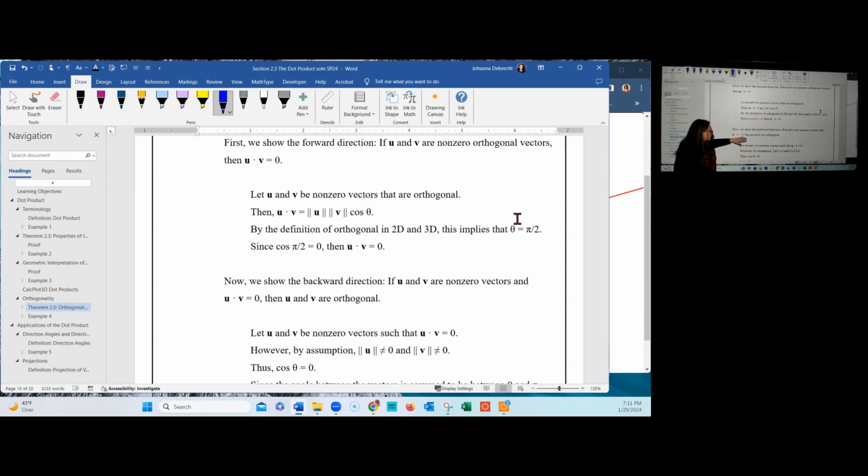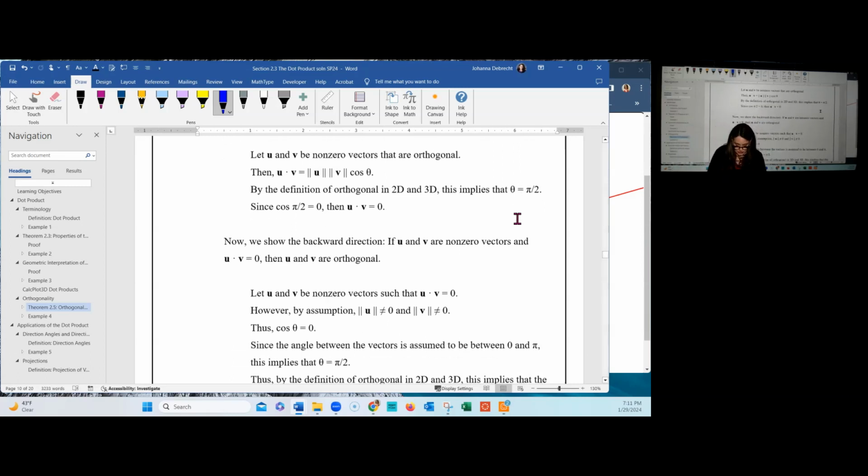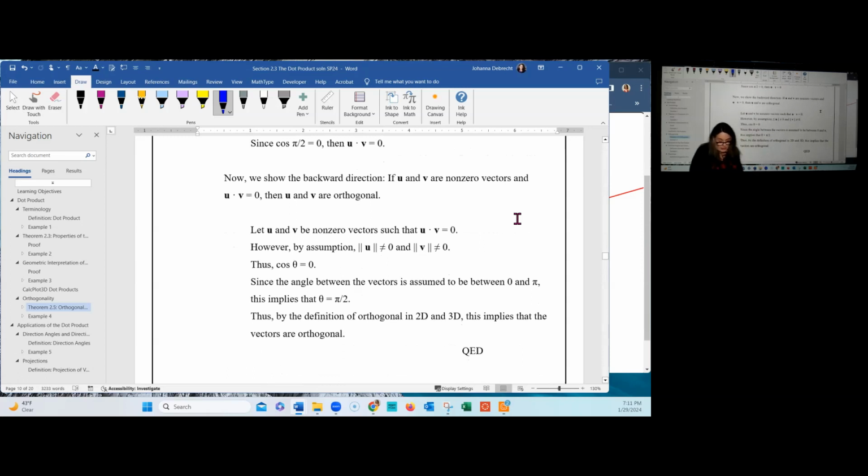So now we're going backwards. Assume the dot product is 0, show that they have to be perpendicular in 2D and 3D or orthogonal. So in this case, by assumption, their magnitudes are not 0, which means by the formal definition, the cosine of the angle is 0, which means the angle has to be pi over 2, but that means that they have to be orthogonal. So we've proved both directions.